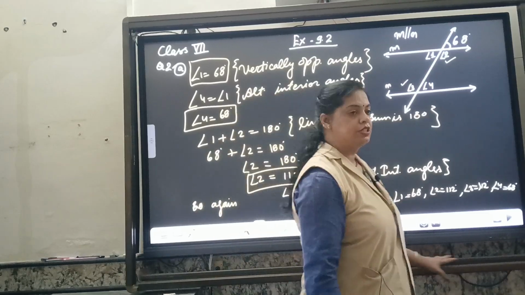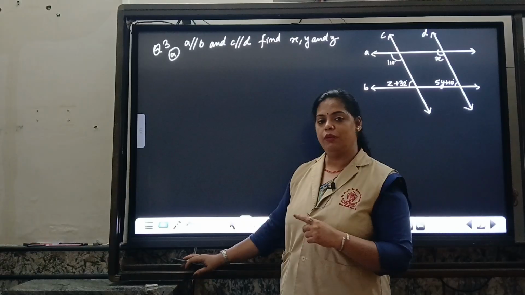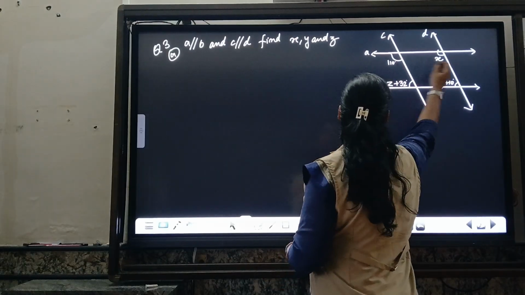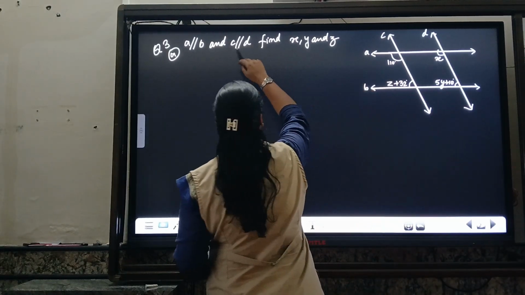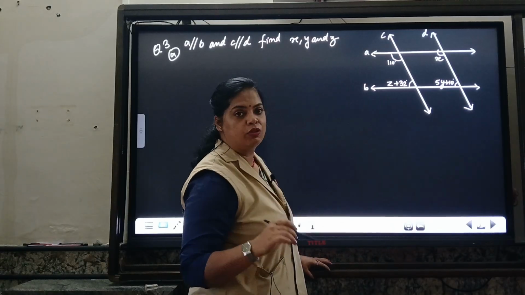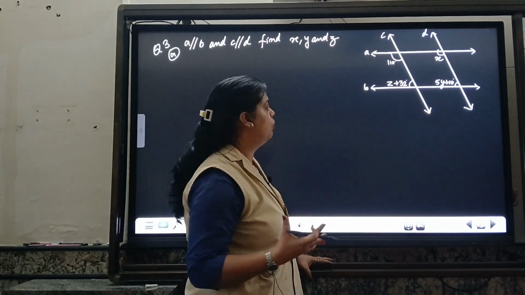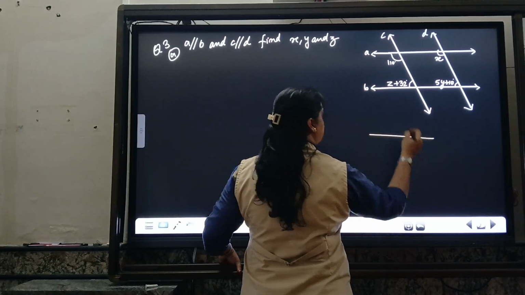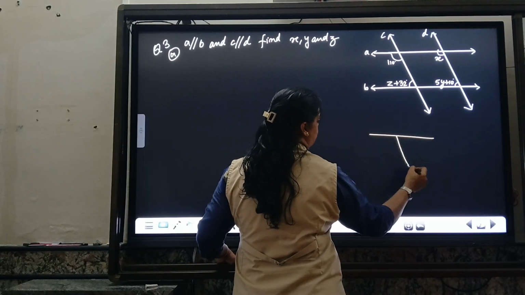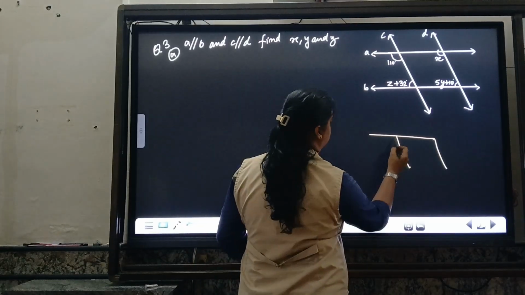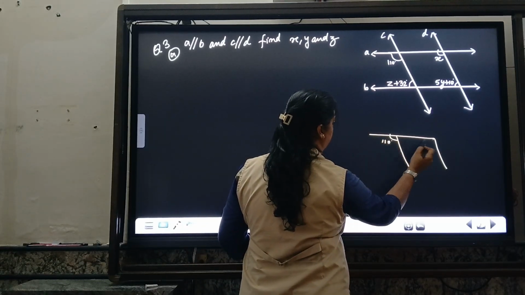Now we are moving towards our next question, question number 3, where we have A parallel to B, and another pair, C parallel to D. So first of all, we will think about the x, which we can find out without doing any calculation, because one line is a transversal line and it is intersecting two lines such that we have the alphabet F, for forest. So it is 110 and it is x.